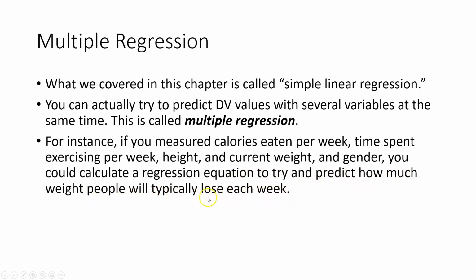You could have a slope for calories eaten and a slope for time spent exercising and a slope for height and a slope for weight and a slope for gender, and you could create a long prediction equation that has a bx of one unit and a bx of another kind of variable and a bx of another kind of variable plus your a, I mean to say the intercept, and you would come out with a prediction for how much you'd think somebody would lose each week.